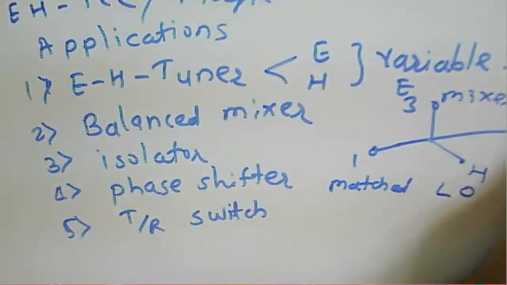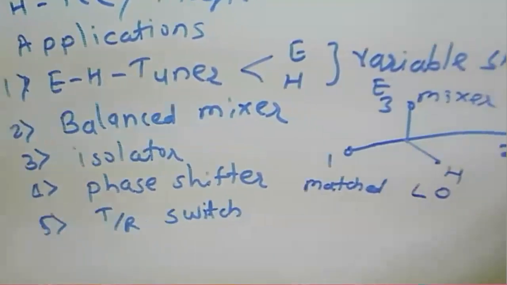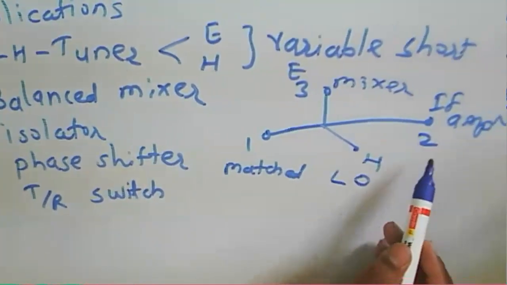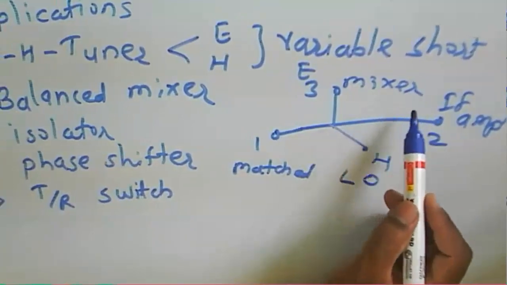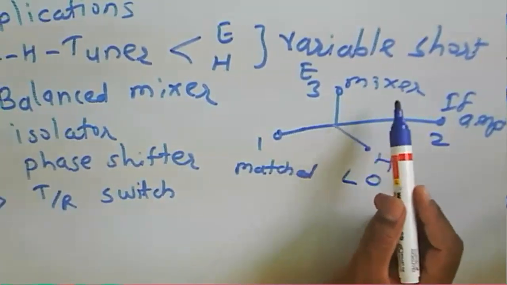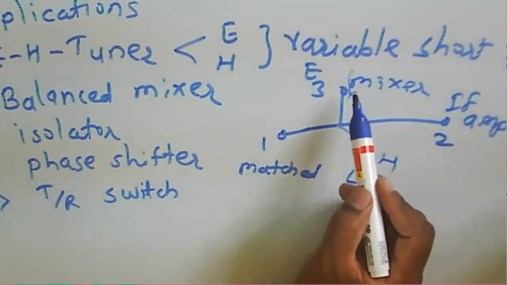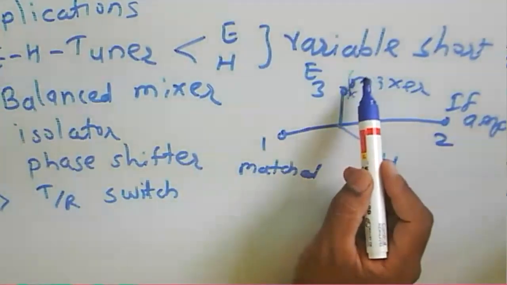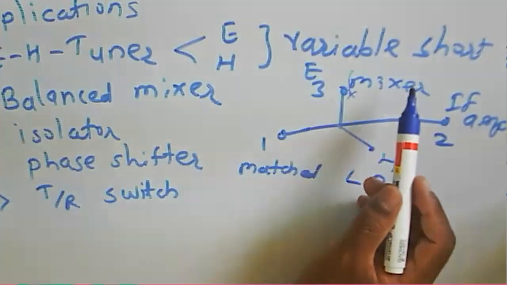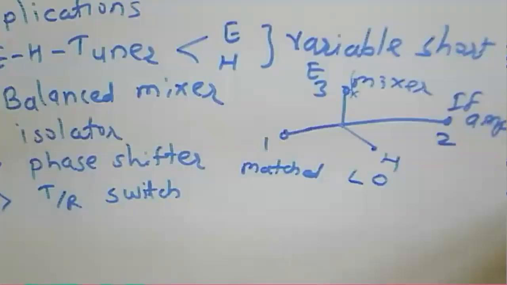Here we consider an IF amplifier. So this one is used as a balanced mixer. We can provide the signal through the antenna.